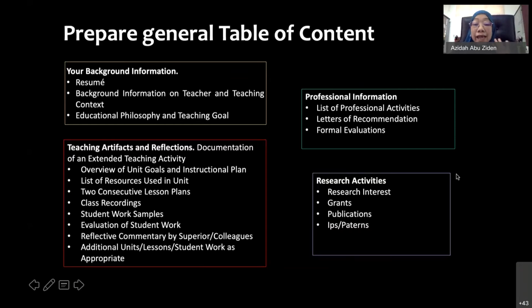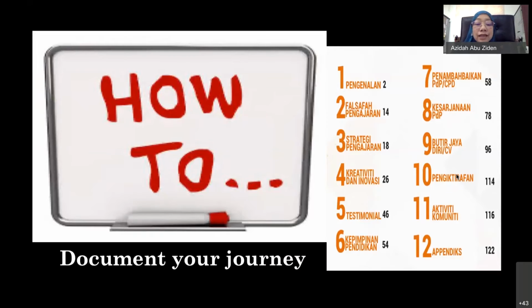All right. In preparing your general table of content. Okay. So this is actually in my portfolio just now. I have the introduction. I have my philosophy of teaching. I have my teaching strategies and creativity and innovation, testimonial. I have testimonial from my colleagues. All right.